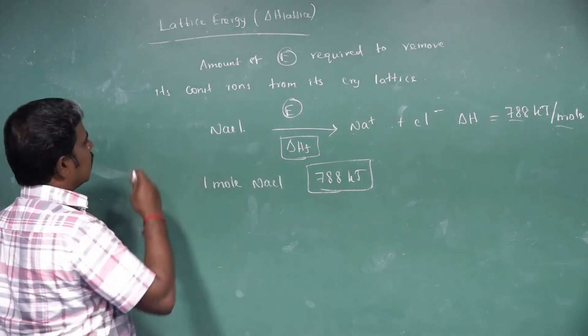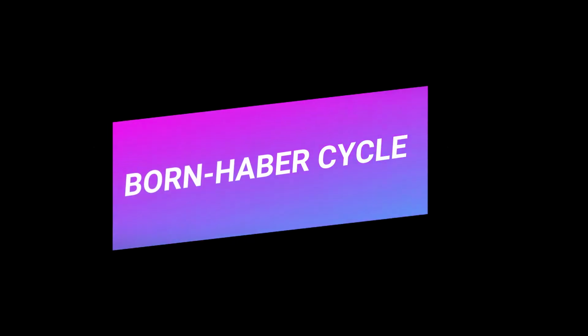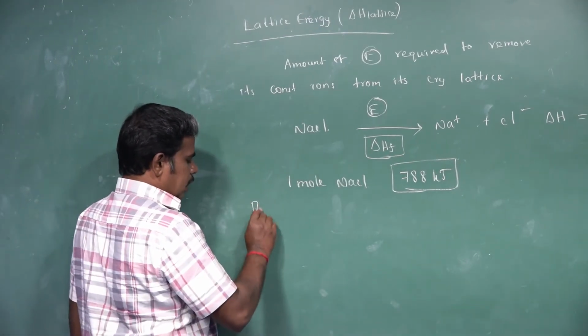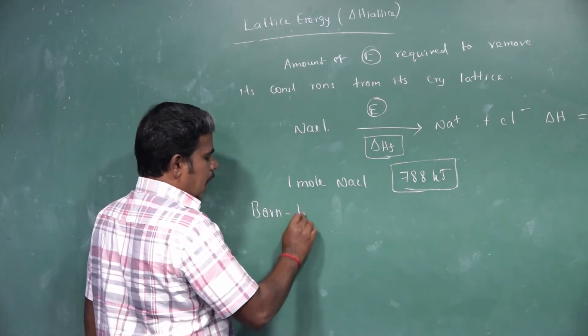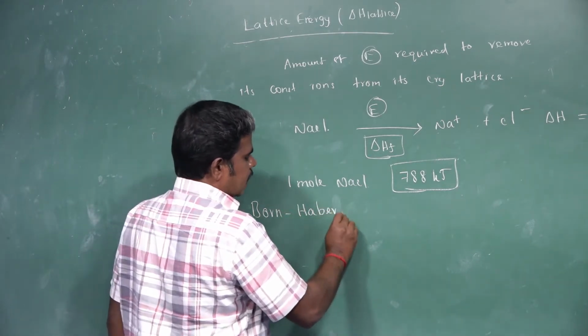Now, how will you calculate this lattice energy? Lattice energy is calculated by the Born-Haber cycle.